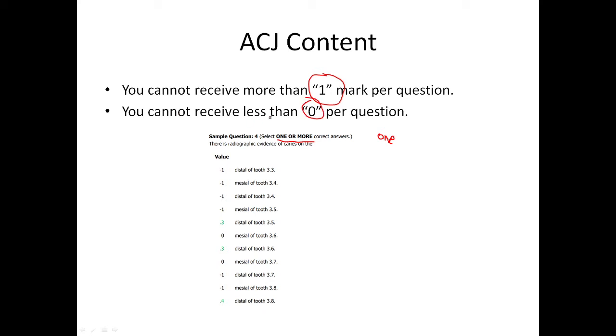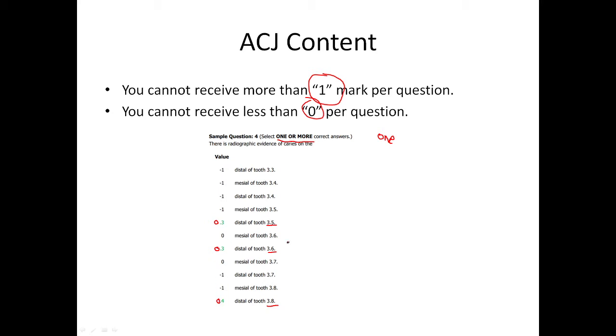So, this is a radiographic question. There's radiographic evidence of caries on which teeth? Based on an x-ray that's not here right now, the answer was distal of 3.5, distal of 3.6, and distal of 3.8. The way they distributed the mark was 0.3, 0.3, and 0.4.